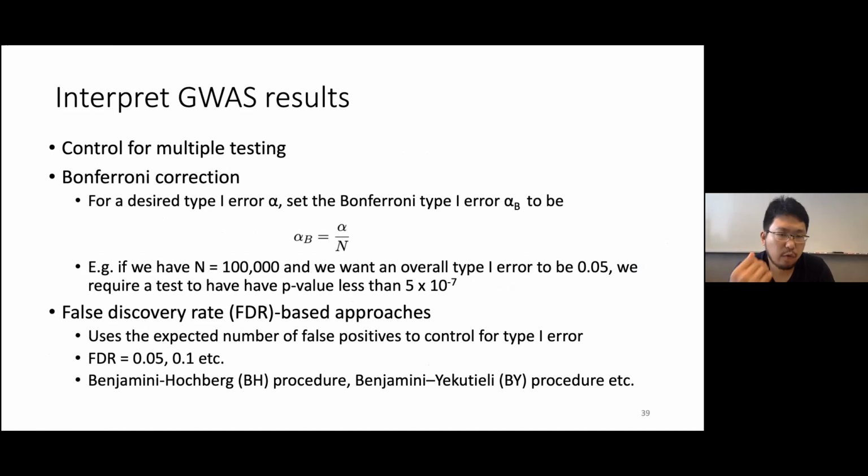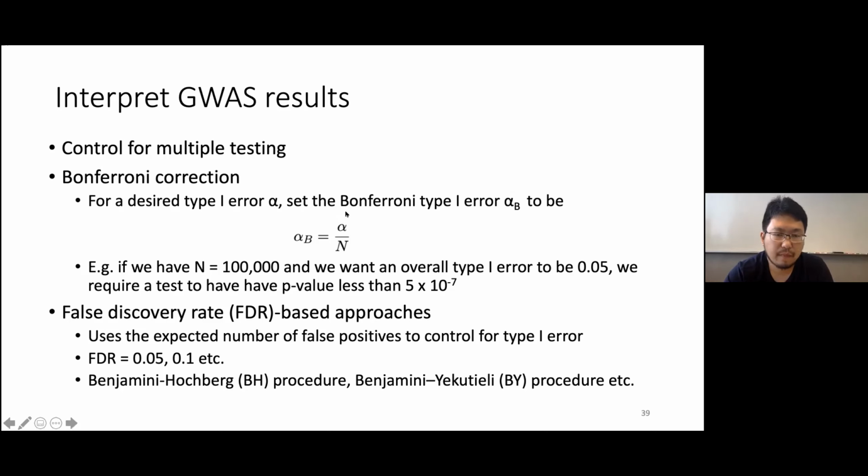So for the Bonferroni correction, we mentioned in earlier slides that it's overly stringent. So let's take a look at why it's overly stringent. For Bonferroni correction, it sets a desired type 1 error level alpha, and the corrected level would be alpha divided by the number of tests you perform.